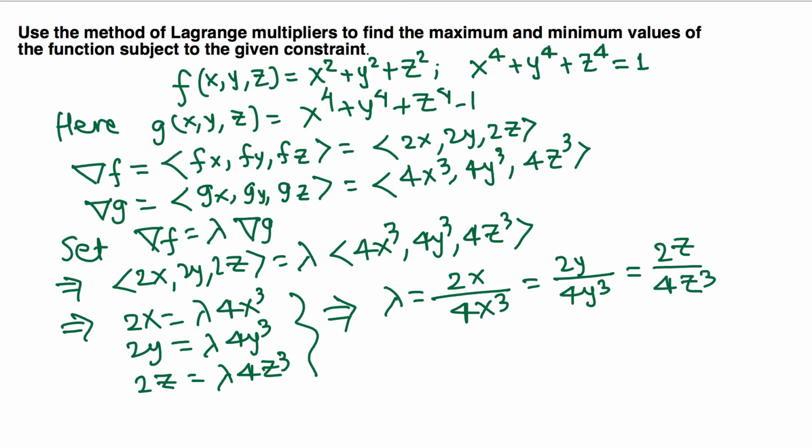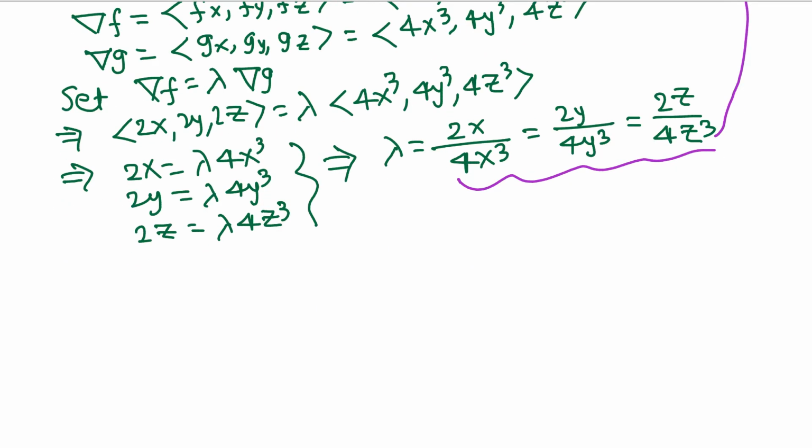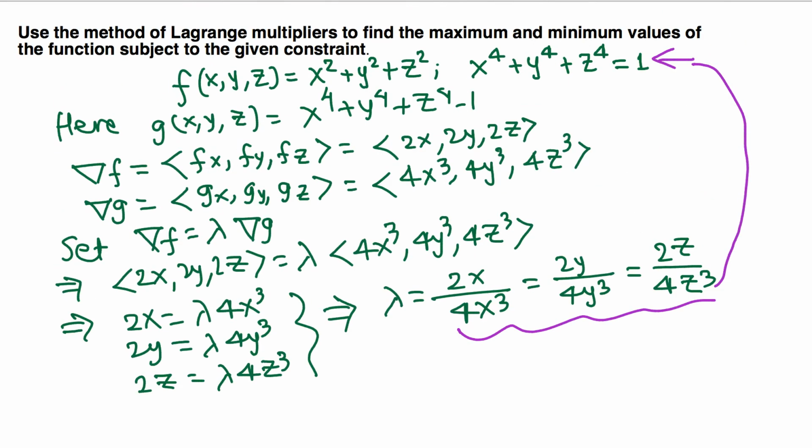And we have one more equation coming from the constraint here, so we will be solving this along with this. Solve this to determine x, y, and z. That's the goal next. And from here, we don't have to determine the value of lambda.